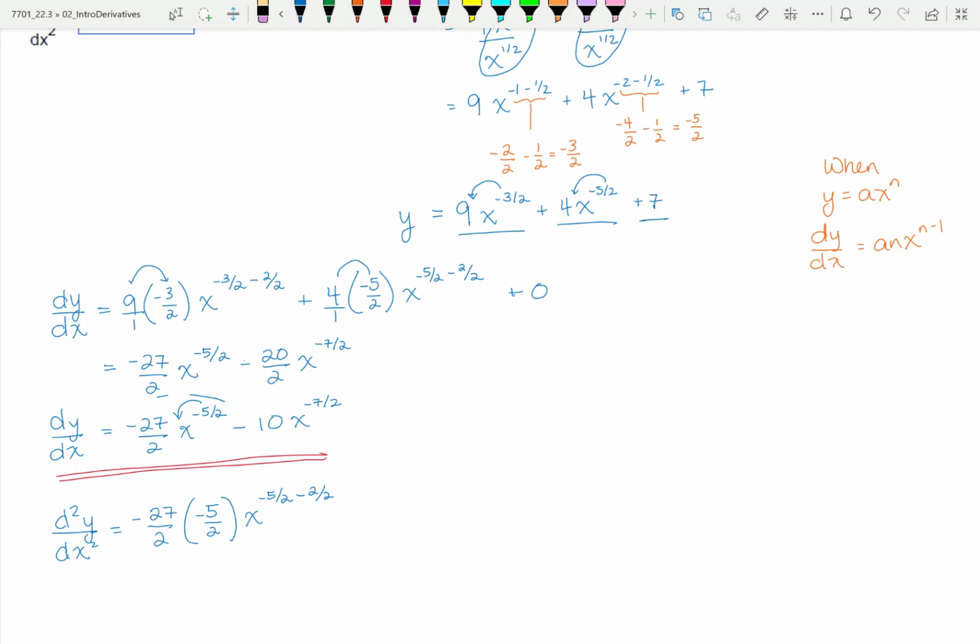Now I'm going to focus on the next term, which is negative 10 x to the power of negative 7 halves. So I have negative 10, which is my coefficient. It just goes along for the ride. Then I pull back that exponent, negative 7 halves, x to the power of negative 7 halves minus 1, which can also be written as 2 halves.